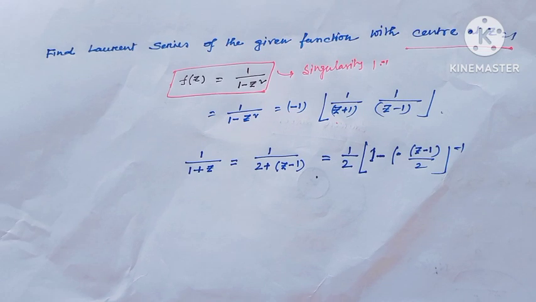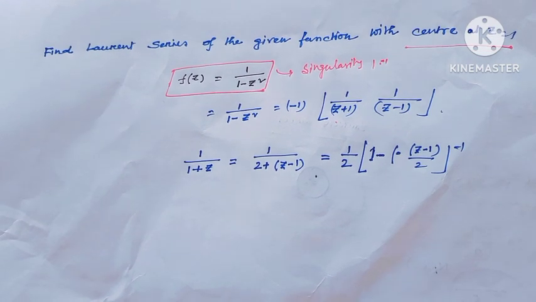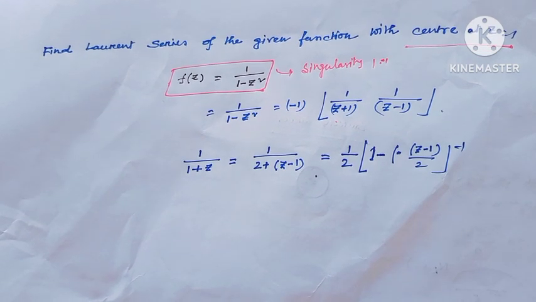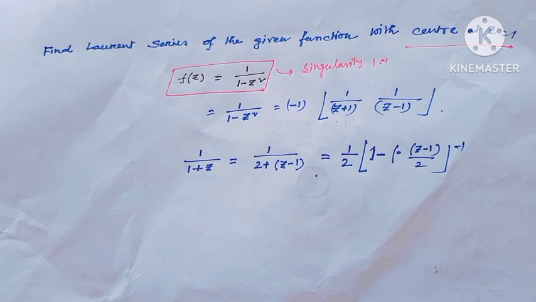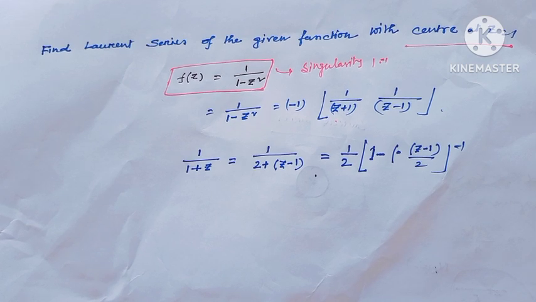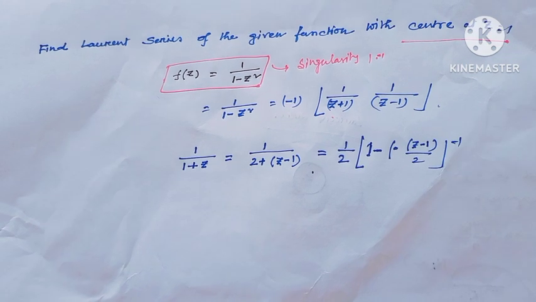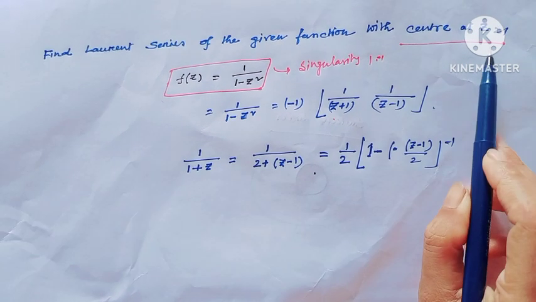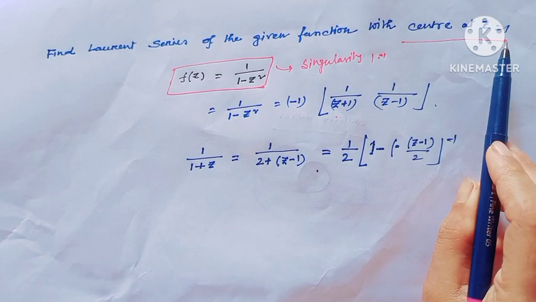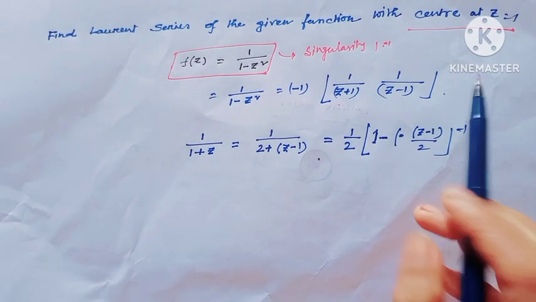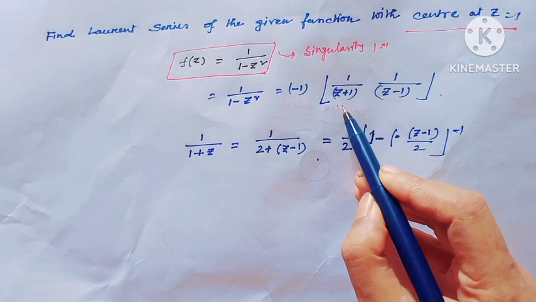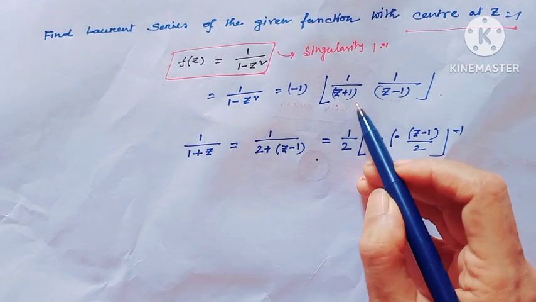If we take out minus 1, then this would be z squared minus 1, and we can write z squared minus 1 as (z plus 1) times (z minus 1). We have to find the Laurent series with center z equal to 1, not at the point z equal to minus 1.